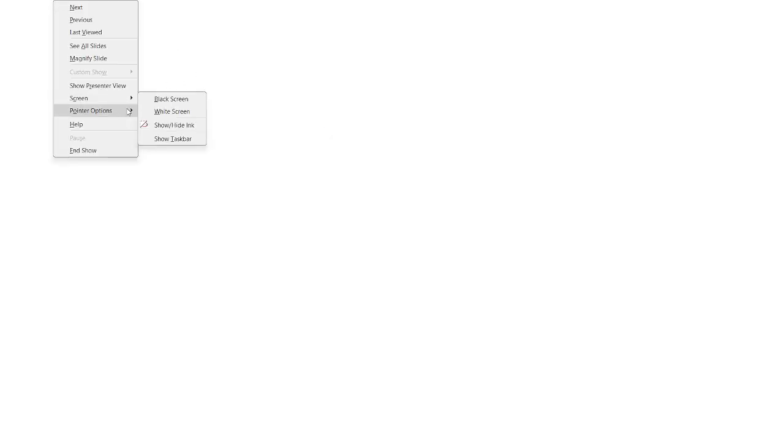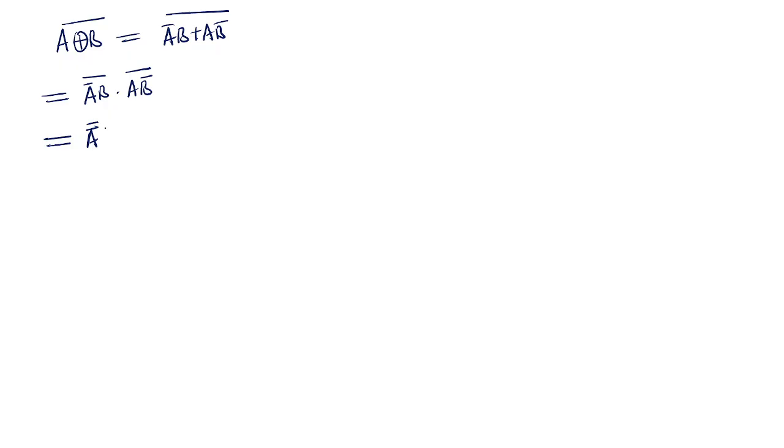So how are we getting this here? If you take A XOR B whole bar, this is (A bar B plus A B bar) whole bar. Apply De Morgan's law. What are you getting? (A bar B) whole bar and (A B bar) whole bar. This is (A bar) whole bar plus B bar, again (A bar plus B bar) whole bar.